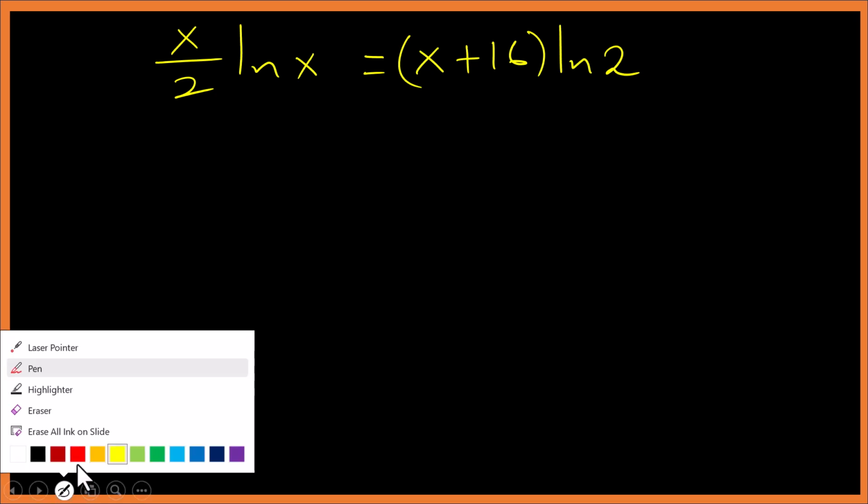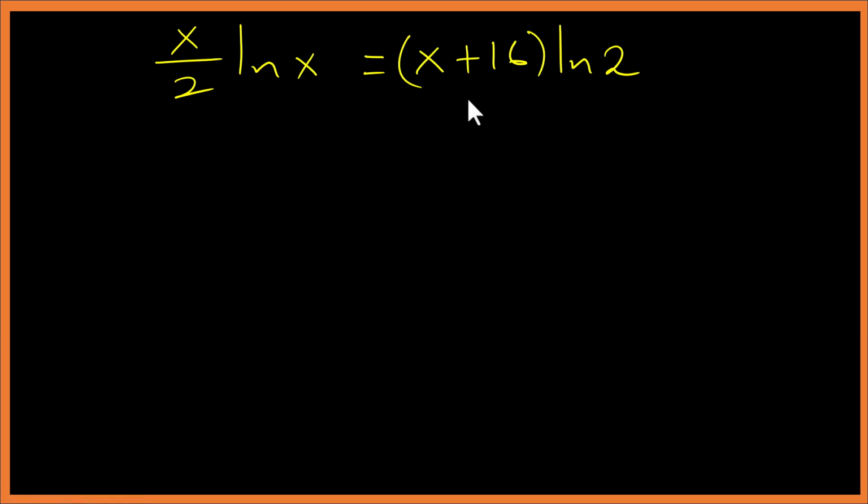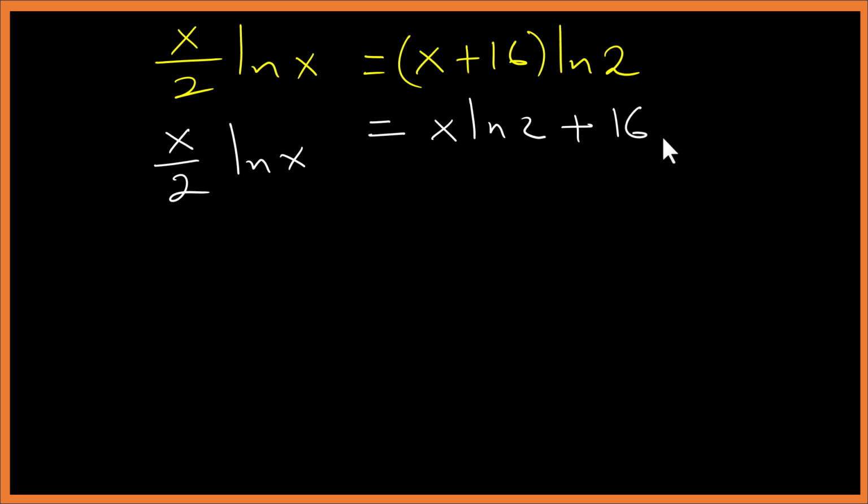Now from here we can expand this one. So we have x on 2 ln of x is the same as x ln of 2 plus 16 ln of 2.